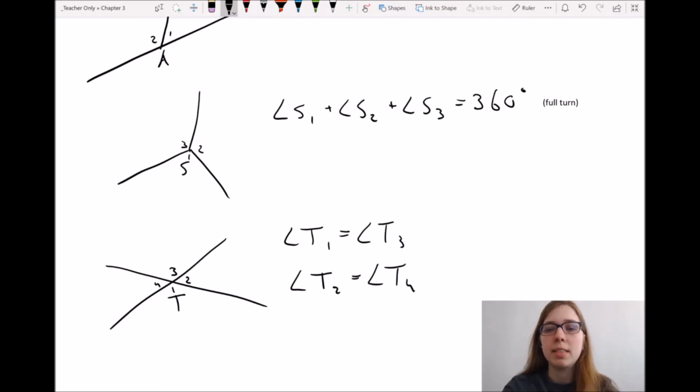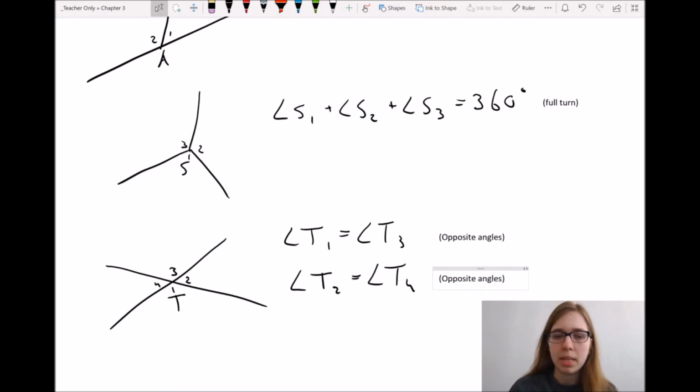And in both cases, that is simply called opposite angles. So those are the names that you have to keep in mind. Throughout the chapter, we will find even more rules like this that we can use.